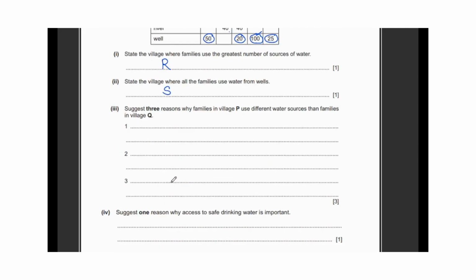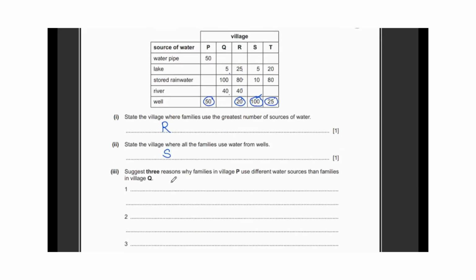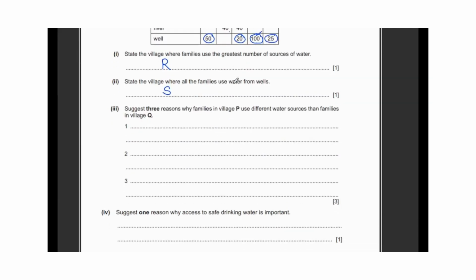Next one. Suggest 3 reasons why families in village P use different water sources than family in Q. So P is using a different water source than the family in Q. P is using water pipe and well, Q is using lake or stored rainwater or river. So what must be the reason?